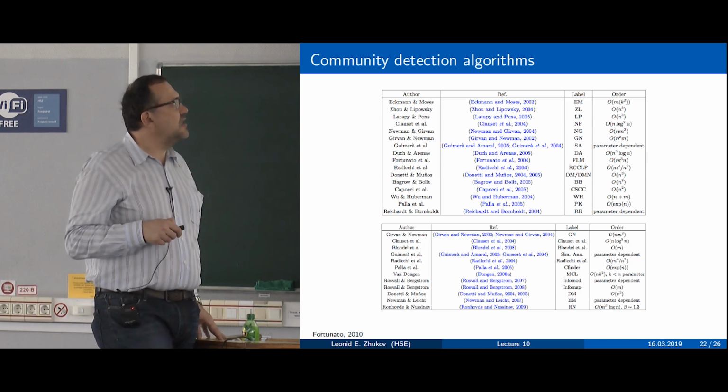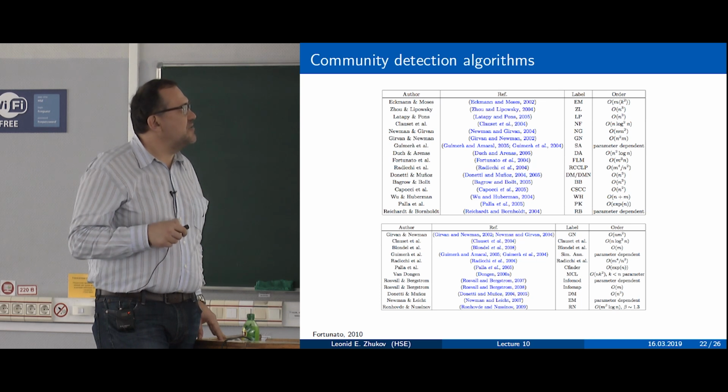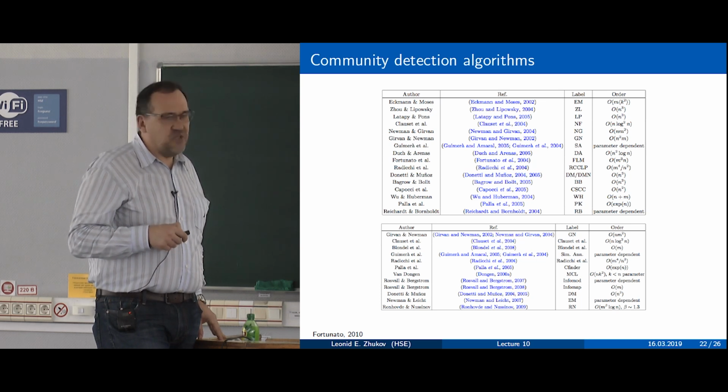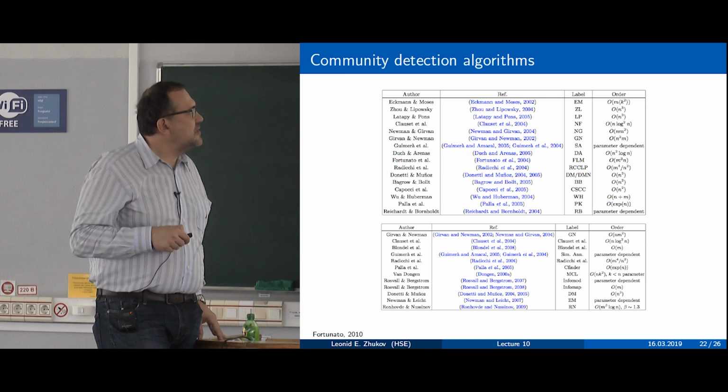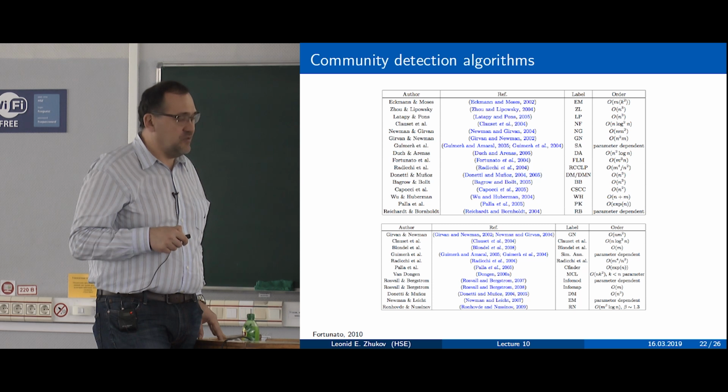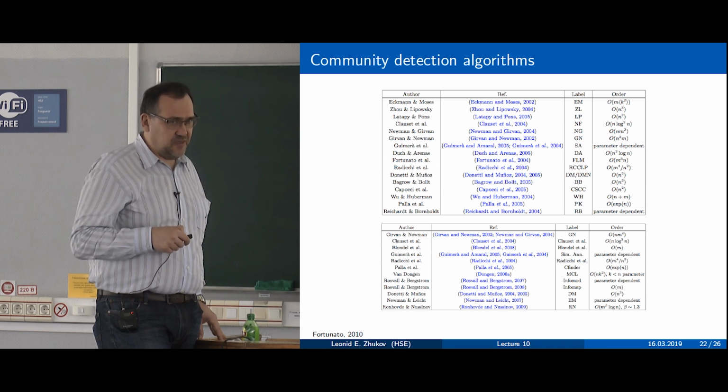But what's interesting here is the complexity of the algorithms. That's computational complexity, right? Some of those algorithms, for example the algorithm for dense graphs, are exponential in the number of nodes, which is terrible. It means it's not going to scale at all.